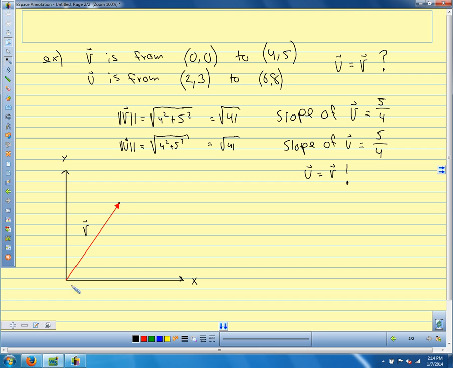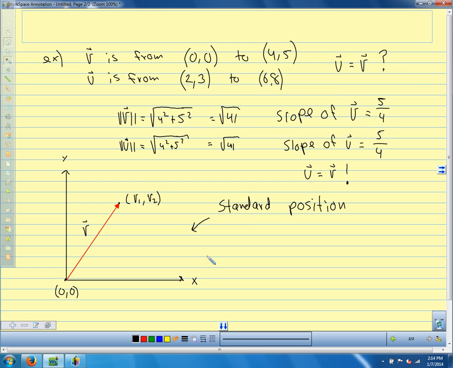I'm going to call the initial point, now that we're on this coordinate system, 0, 0, and the terminal point is v1, v2. So this is our x and this is our y. When we put a vector with its initial point on the origin, we call this standard position. So this is our standard position for a vector.